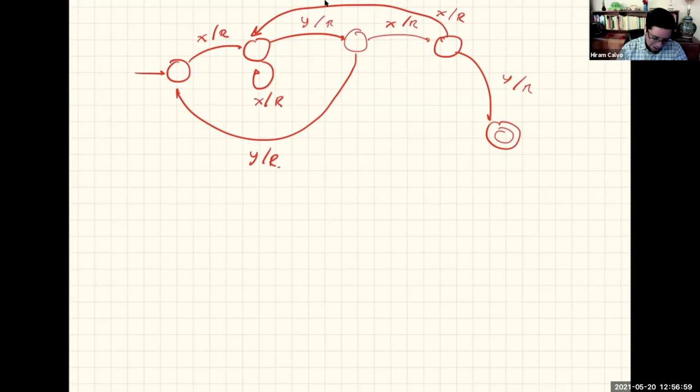The same here: if we are about to find the pattern X, Y, X, but something appears like an X, then we need to start again looking for the pattern. And finally, if we find a Y, then we will stop and halt the machine as described. Okay, then this solution is correct.